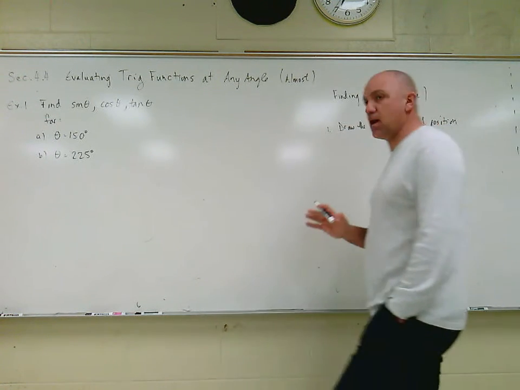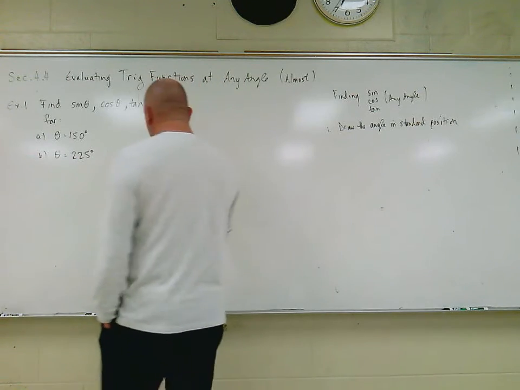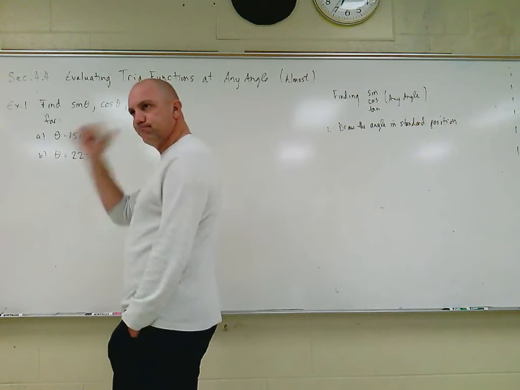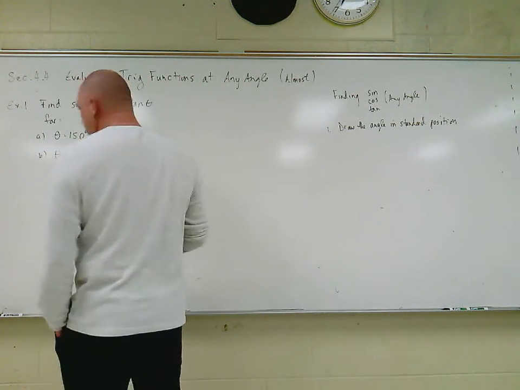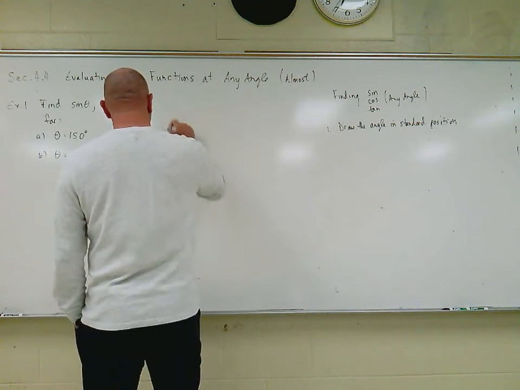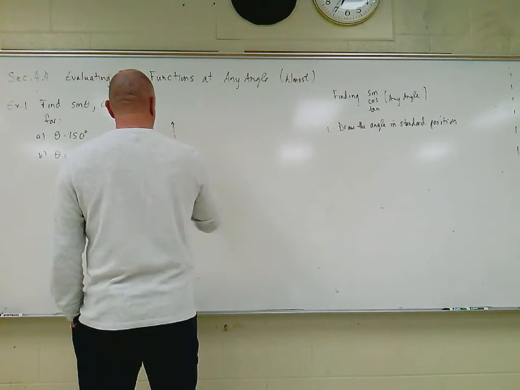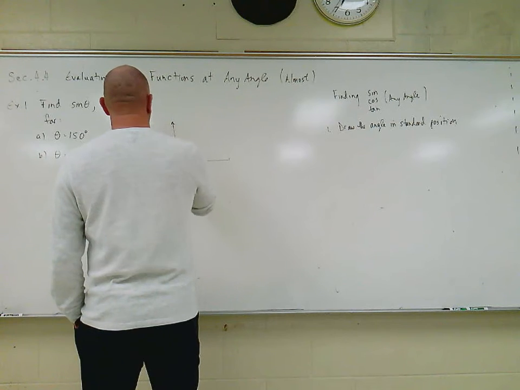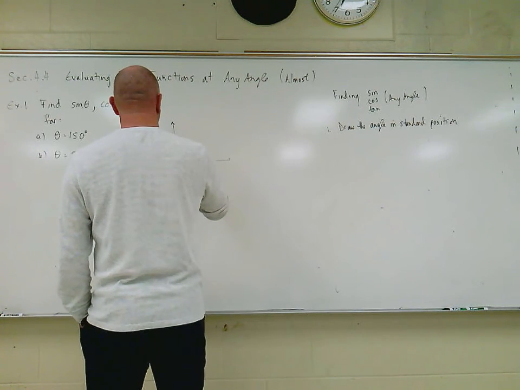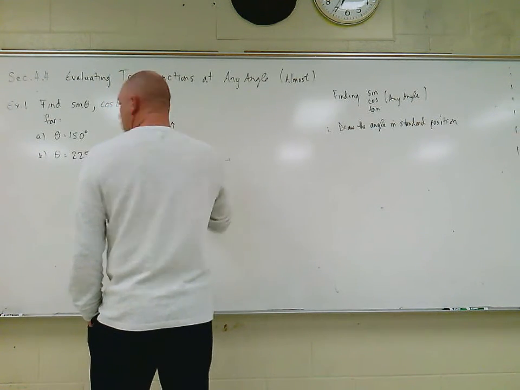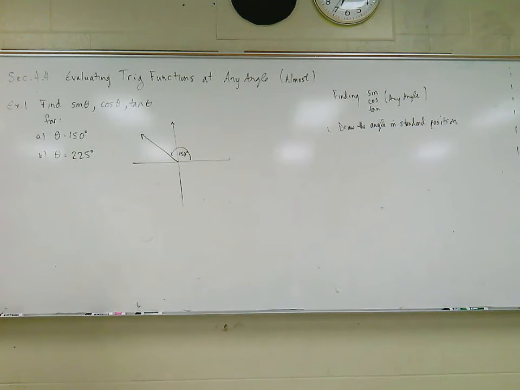As I do the step here, we'll work it out over here. I'm going to take that angle 150 and draw it in standard position. All right, there's that 150 degrees, somewhere in the second quadrant, okay? So I draw that.